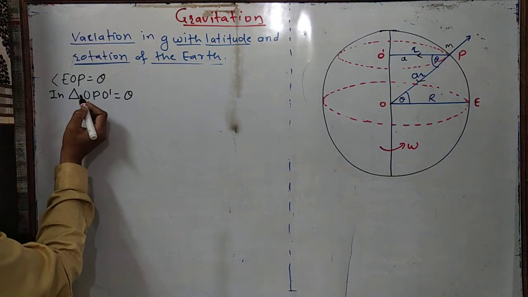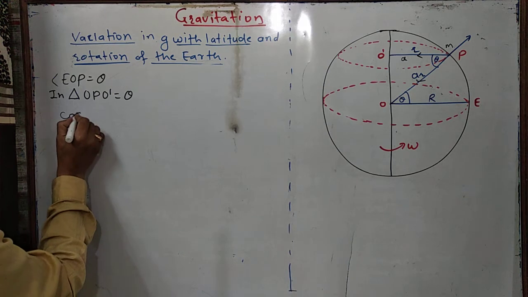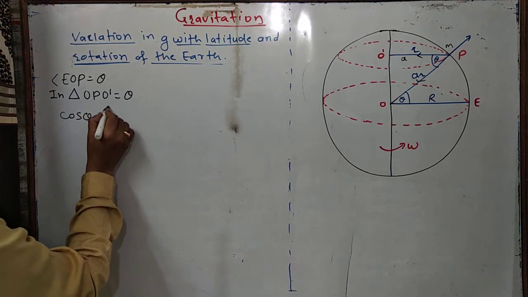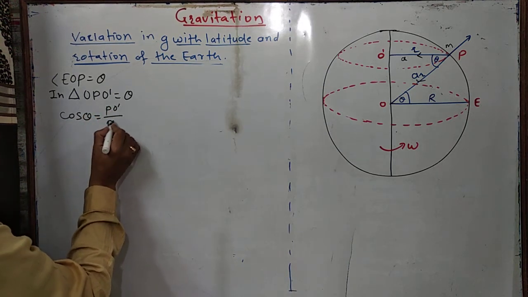In triangle OPO dash, cos theta equals PO dash upon PO.